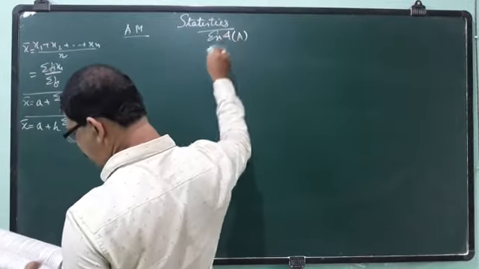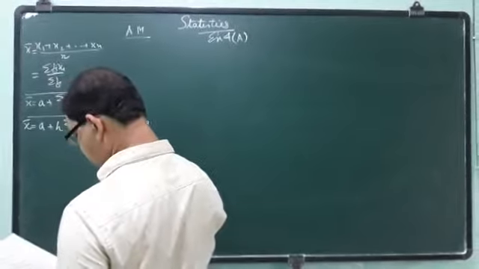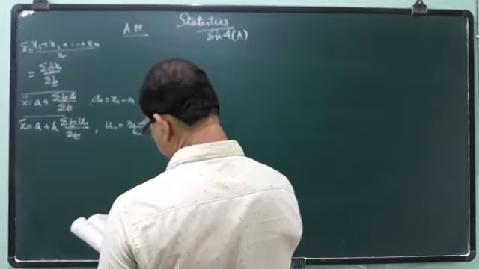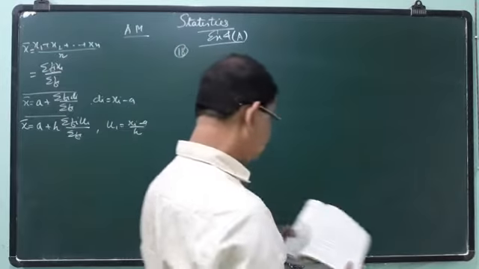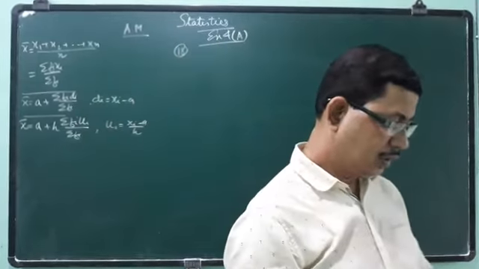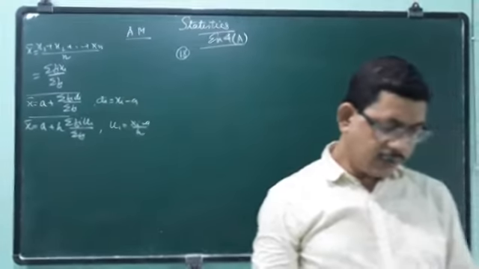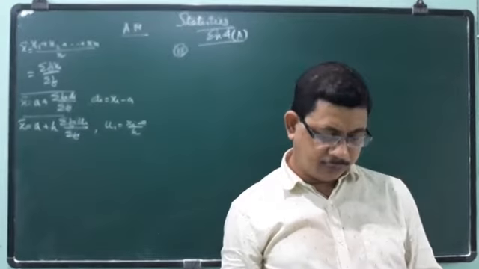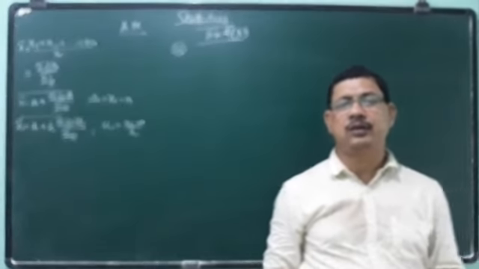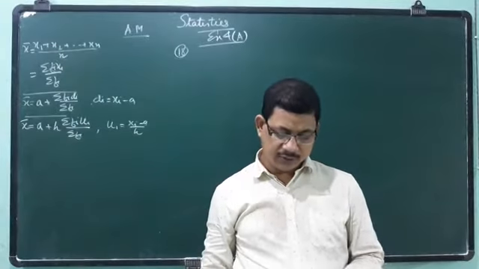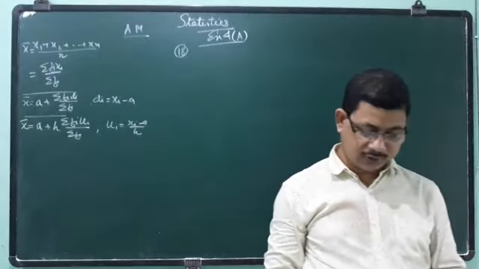We are going to do question number 18. The mean annual salary paid to all employees of a company was rupees 500. Means arithmetic mean they have given, and it is 500.